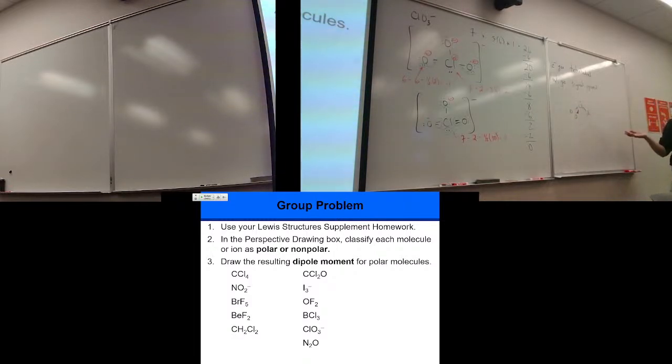So is it polar? I mean, it's already an ion, but the ion itself is polar too. Yeah, it is. The oxygen's 3.5, the chlorine is 3.0, and so the dipole moment is going to go in this direction.